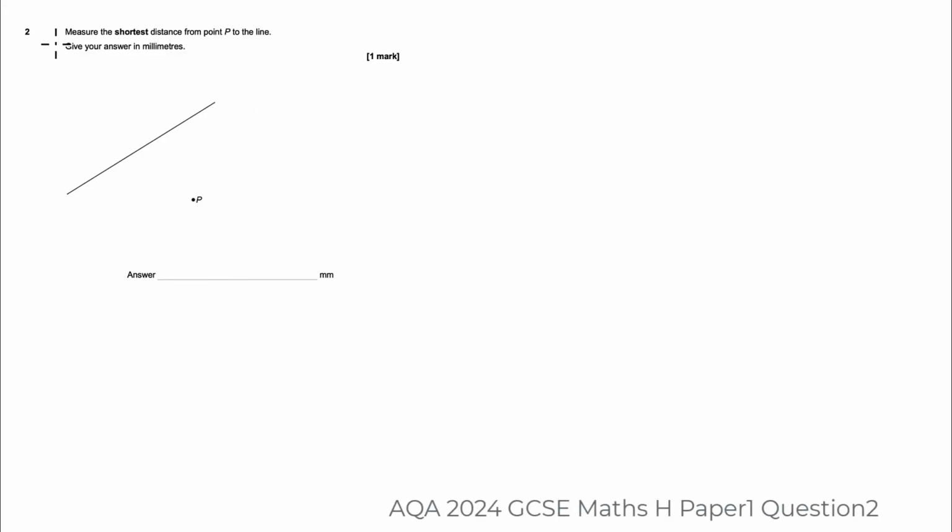Well, here we are with question 2, and we're asked to measure the shortest distance from this point P to that line, and we have to give our answer in millimetres. So let's get a full-scale drawing of this, and let's introduce a ruler.